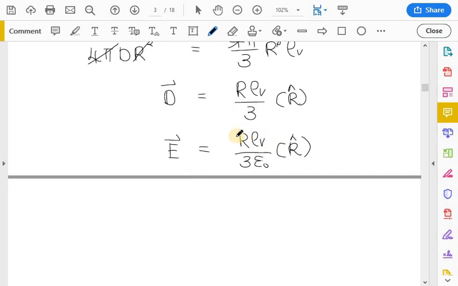So you replace the value here, and then you multiply with the rho v, the value given for the volume charge density, divide by 3 epsilon naught, and this one as usual, vector r divide magnitude of r. So you can get your E.